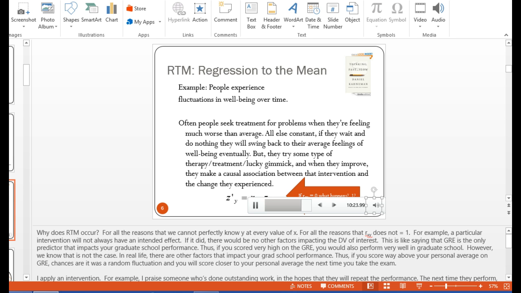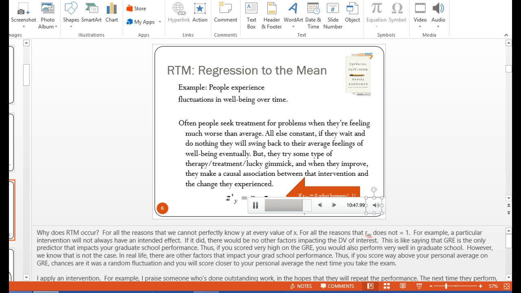Now, let's go to the other extreme and substitute a 1 in for the RxY. So there's a perfect relationship. That means that we can fully predict the DV with no error, no residual, by knowing the value of the X, or the predictor value. So we stick in a predictor value that's, let's say, a very extreme score.